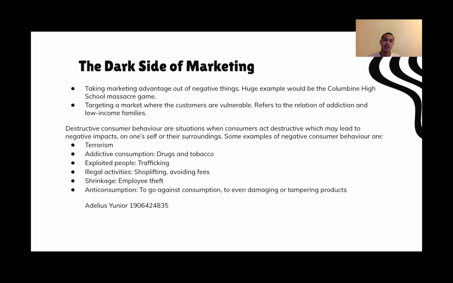Another form of negative marketing is when companies target a market where the customers are vulnerable. This refers to the relation of addiction and low-income families.